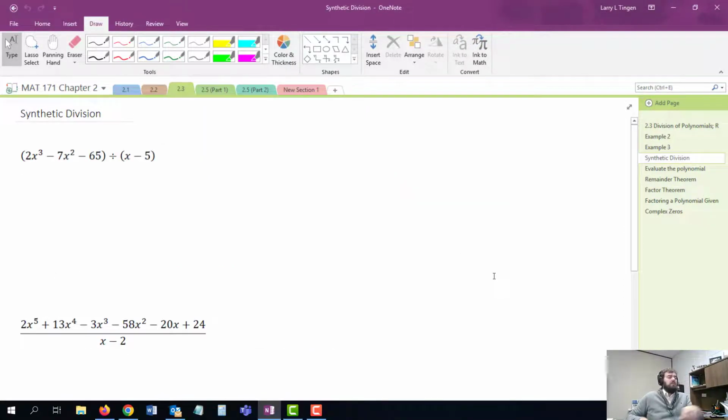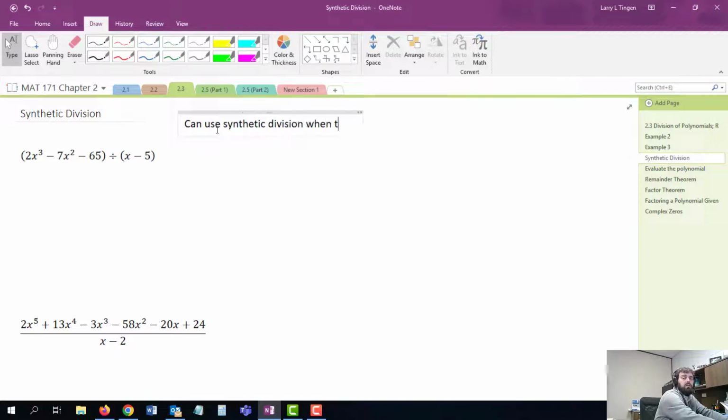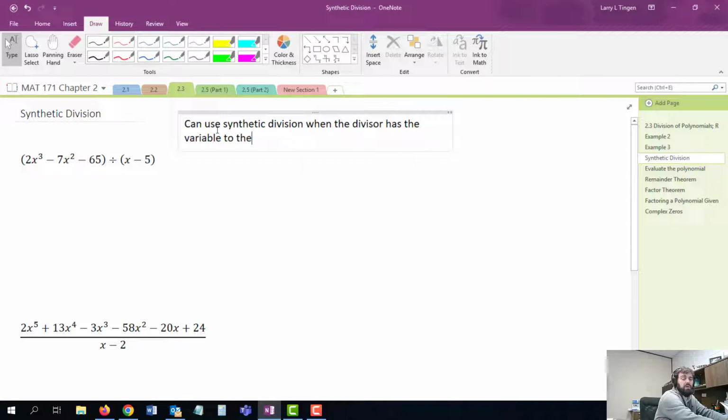All right? Now, you can use synthetic division when the divisor has a variable to the first power with a coefficient of 1.